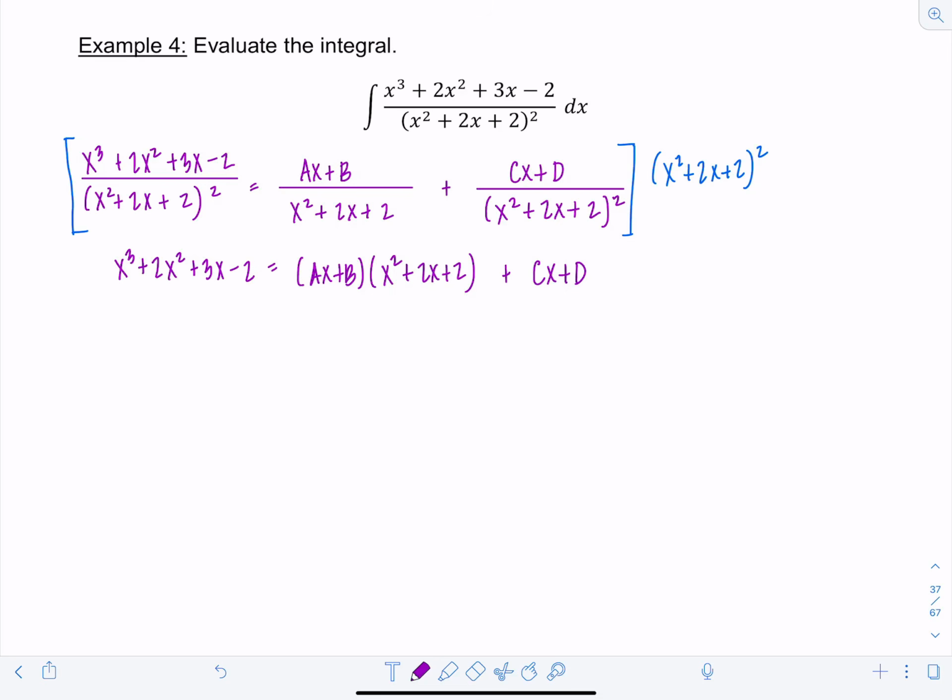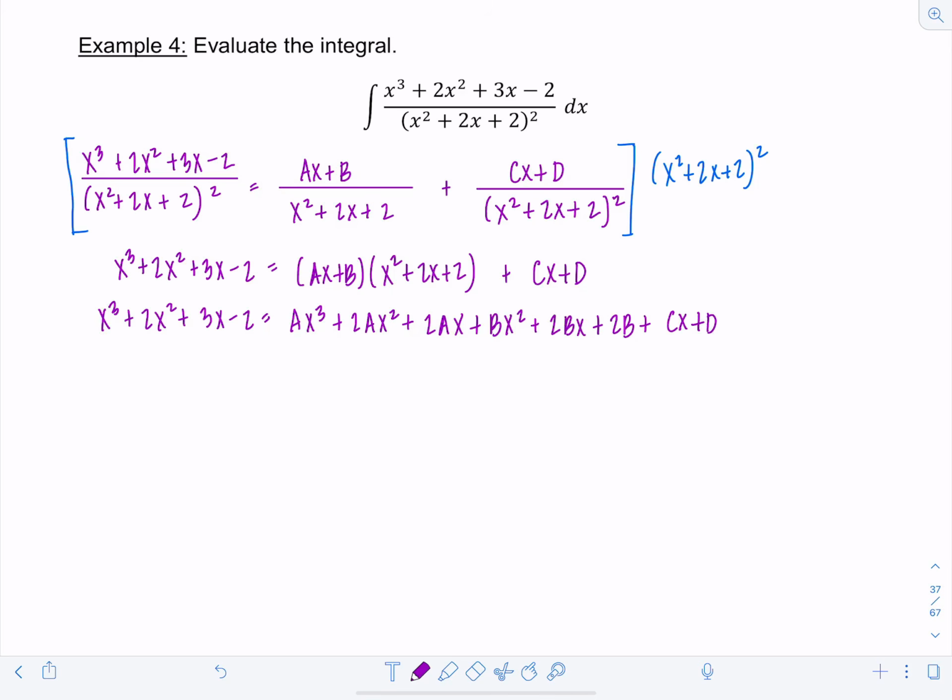Again, for these irreducible quadratics, you just have to multiply them out because nothing will make the factor equal 0. So we have x cubed plus 2x squared plus 3x minus 2 equals ax cubed plus 2ax squared plus 2ax plus bx squared plus 2bx plus 2b plus cx plus d. Okay, let's start collecting like terms.